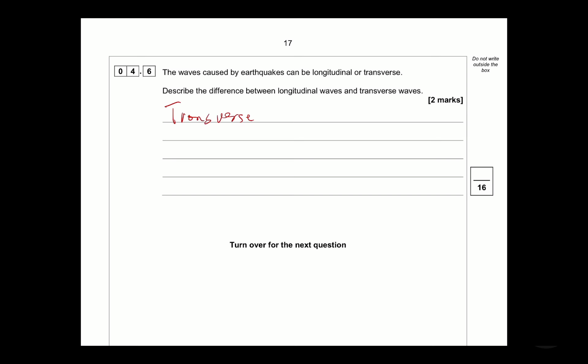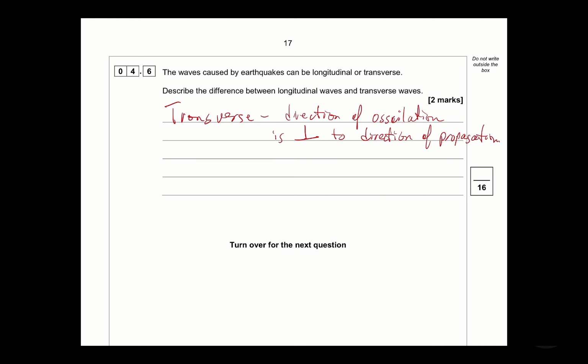For transverse waves, the direction of oscillation is perpendicular to the direction of propagation.